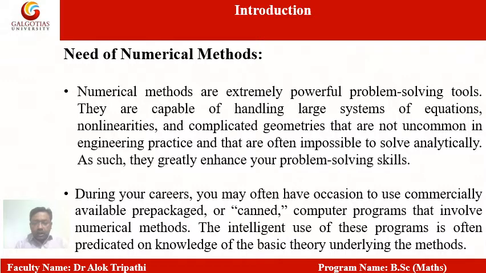Or suppose I am giving you one equation x to the power 50 minus 40x cube plus 50x square minus 5x plus 6 equals 0. So is it possible for you to find the root of this equation? Might be possible, anyone may find, but it is not a cup of tea for all.